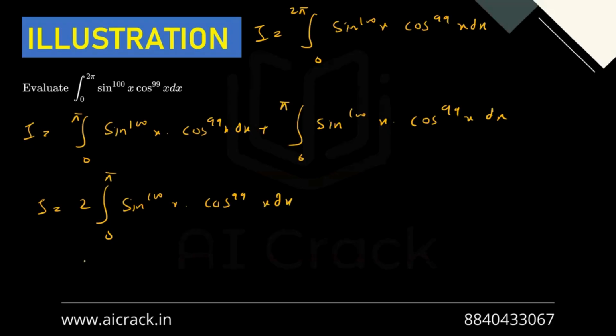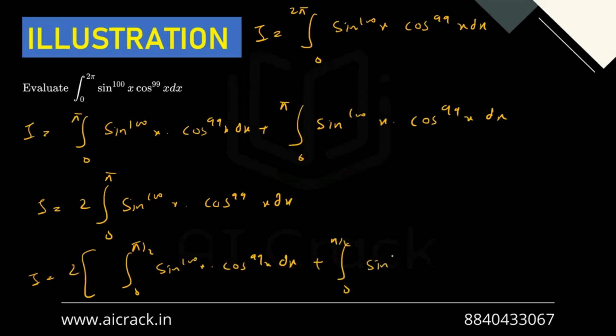And now if you apply property 6 once again over here, we'll be getting I equals to 2 times integral 0 to pi by 2 sine 100x dot cos 99x dx plus integral 0 to pi by 2 sine 100 (pi minus x) dot cos 99 (pi minus x) dx.